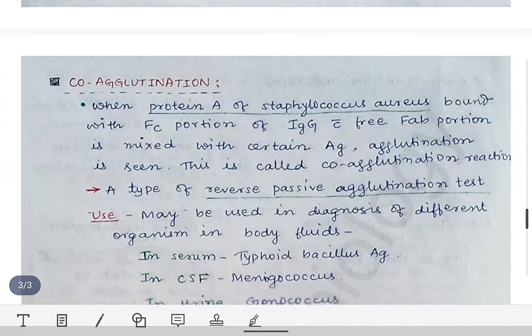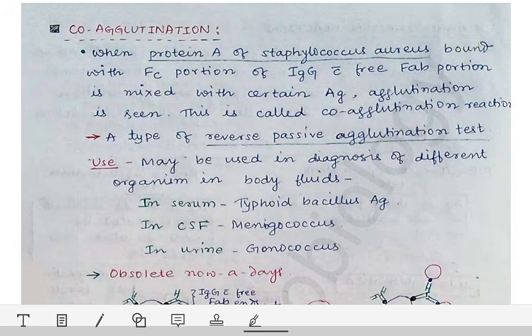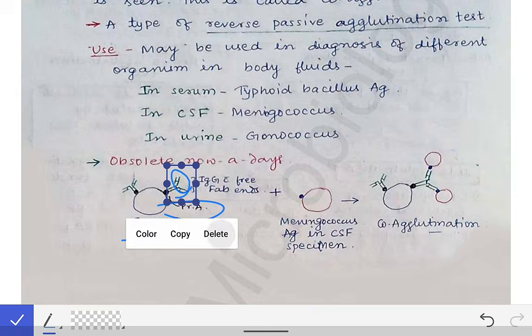Next we will be discussing co-agglutination. Here we are utilizing the protein A of Staphylococcus aureus to detect antigens. You can understand when you see the diagram: we have Staph aureus, and on the cell wall of the Staph aureus we have protein A, which is bound to the Fc portion of an IgG antibody, which has free Fab portions.